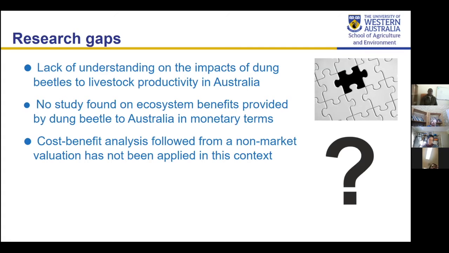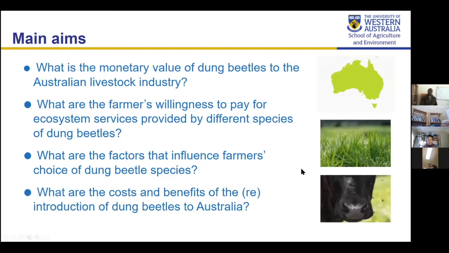There are studies that measure the benefits of dung beetles, but not in monetary terms. The last gap is that cost-benefit analysis, following a non-market valuation, has not been applied in this context before. Many non-market valuations quantify ecosystem services, but they're not used in a cost-benefit analysis, which would help assist future policy. And this project will be doing that.